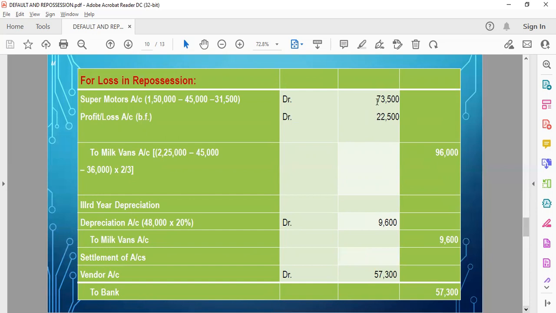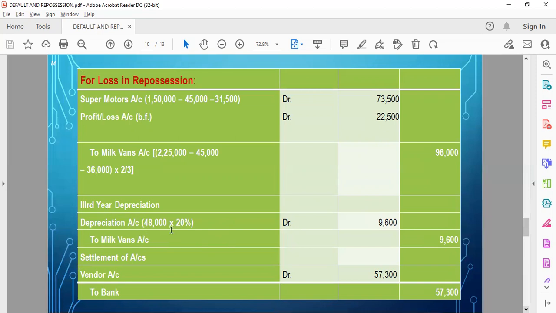When you get the balance amount, we should transfer that amount to the profit and loss account. To milk vans account 96,000, the second year.